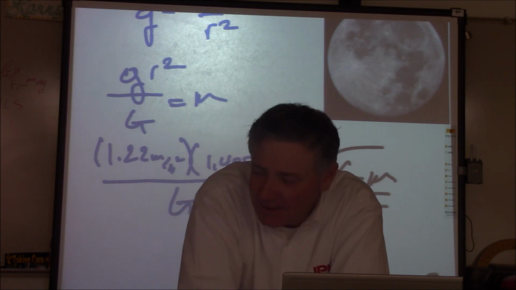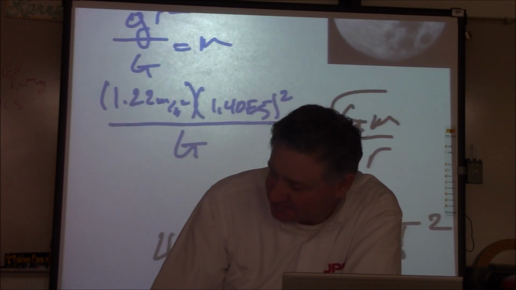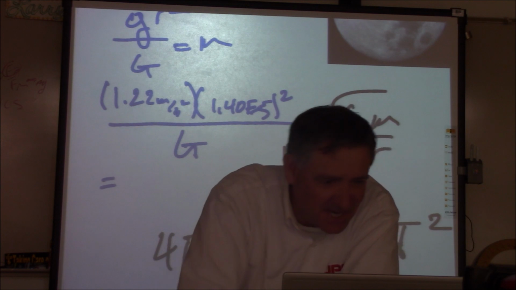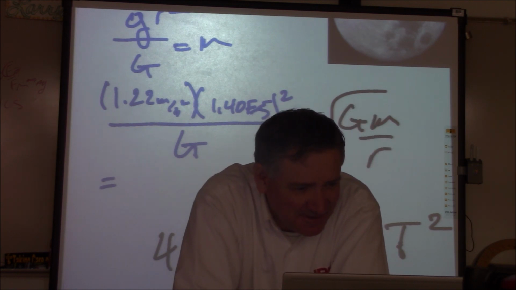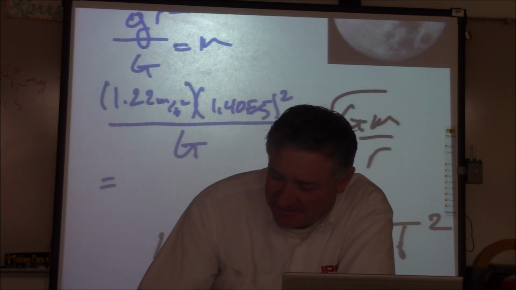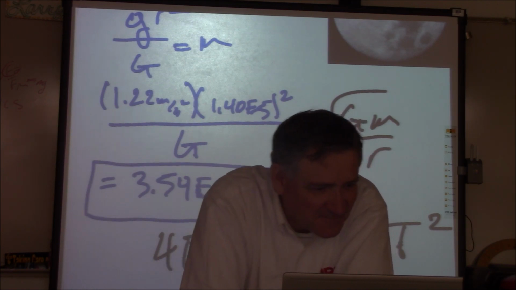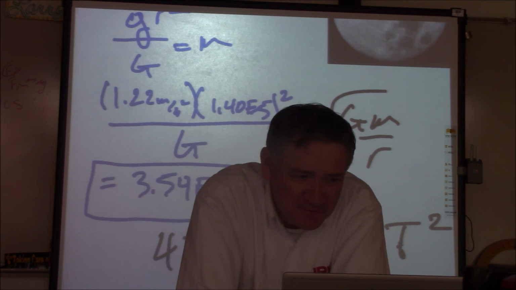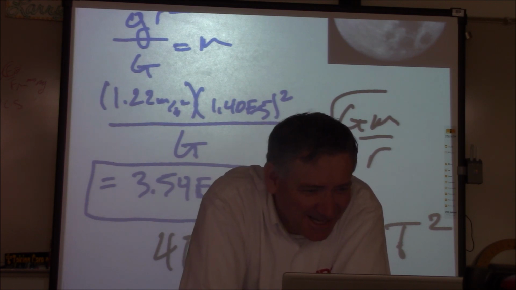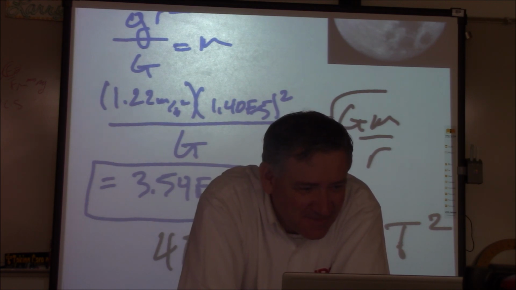Okay, all right, cool. So, what did you get as an answer? Caden, here's your chance to redeem yourself. 3.59 e to the 20th. Caden, are you good with that? Or are you reluctant to answer? I can't see the problem.